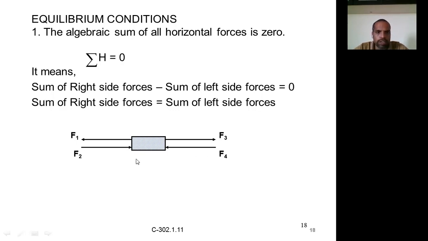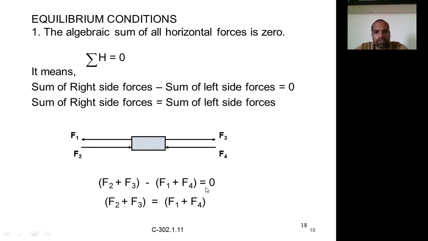To be in equilibrium condition, F1 plus F2 is equal to F3 plus F4. That's a very simple condition. F2 plus F3 minus F1 plus F4 is equal to 0.